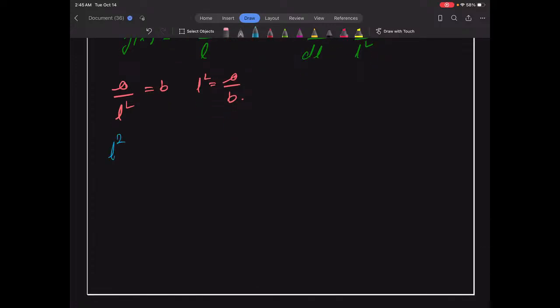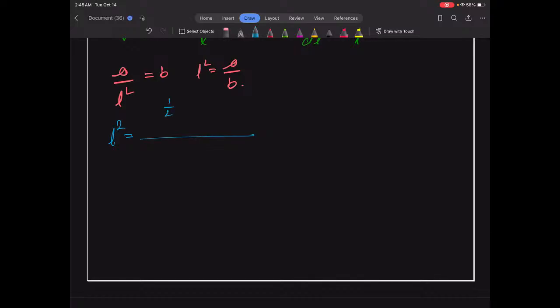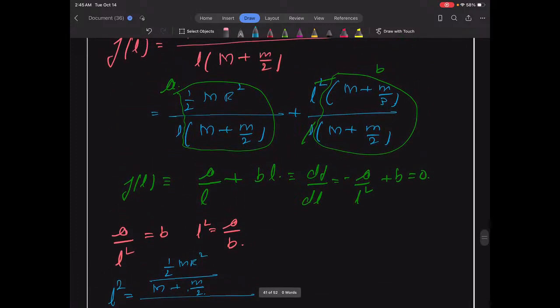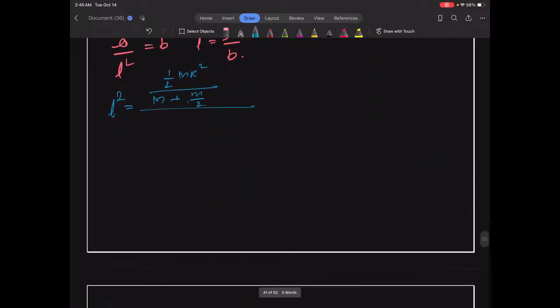So we get that L square will be equal to, A is half M R square divided by M plus small m by 2, and B is M plus m by 3 divided by M plus m by 2.